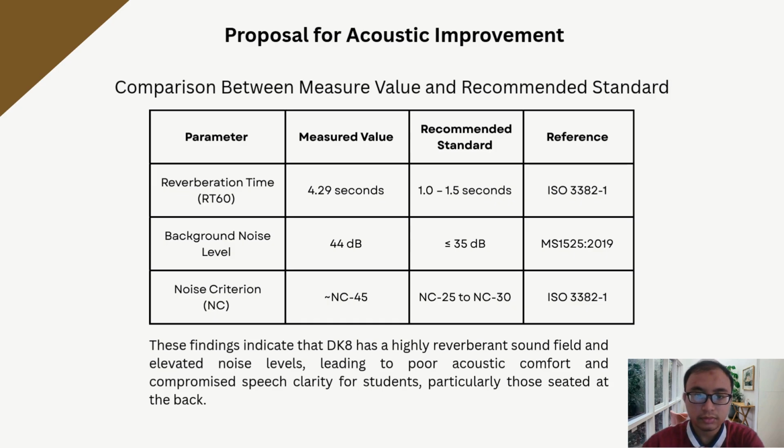3382-1. For the background noise level, the measured value is 44 decibels and the recommended standard is equal to or lower than 35 decibels. The reference is Malaysian Standard 1525:2019.